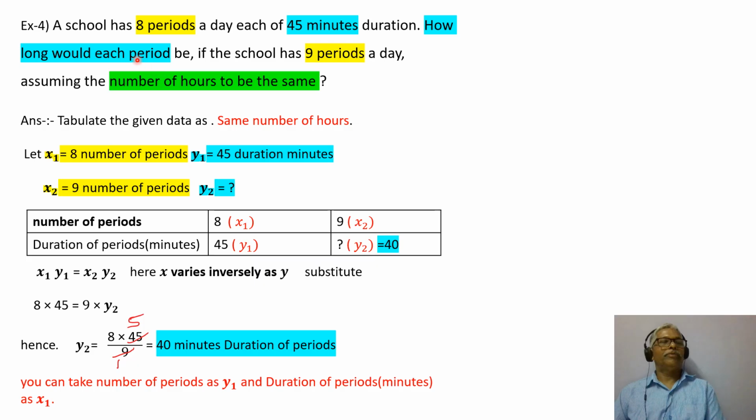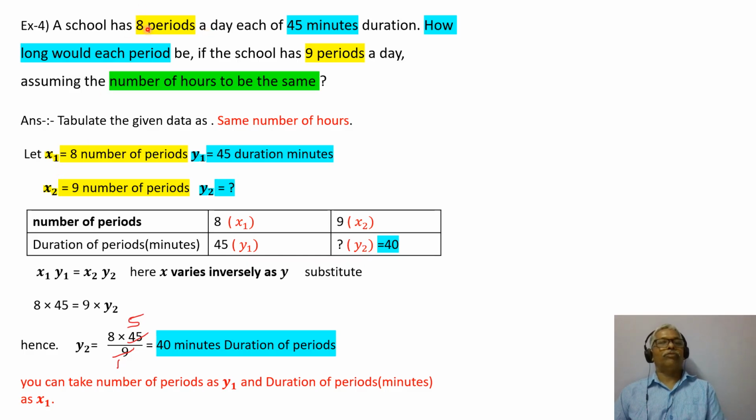Very simple. Read it. A school has 8 periods. So tabulate the given data, as the number of hours is the same, this shows that this is an inverse proportion problem. Let us denote periods by x.